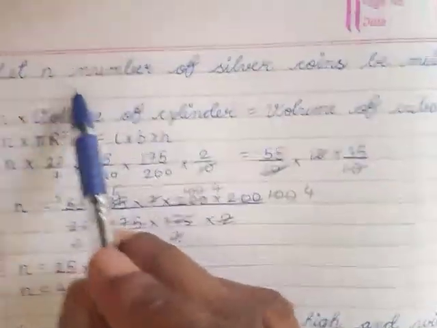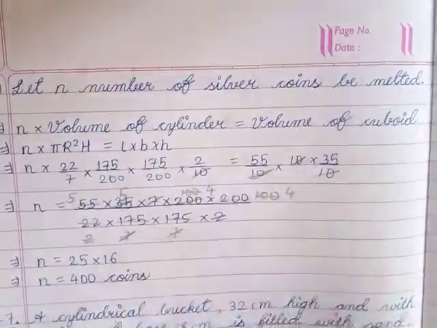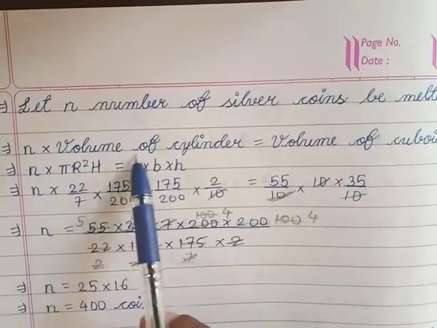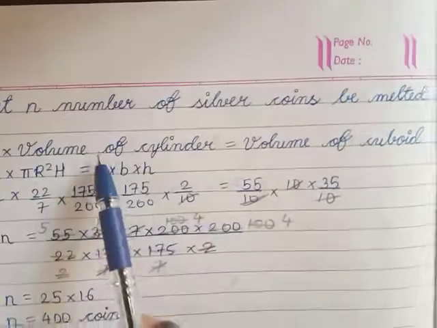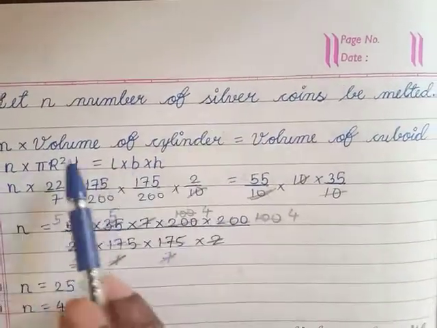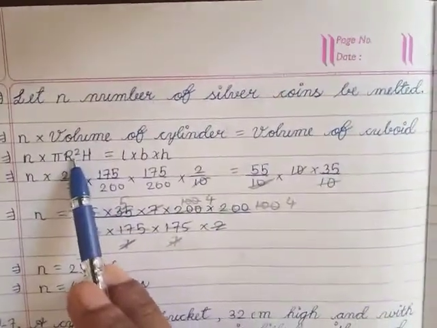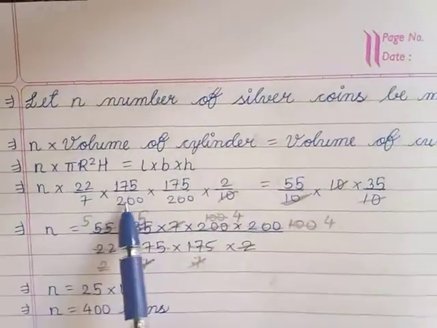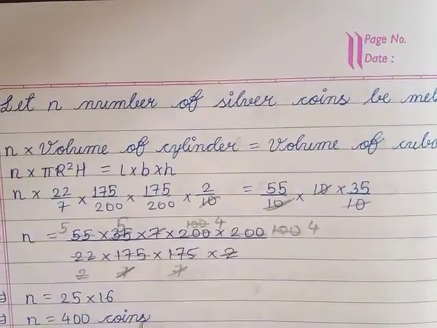Because the silver coin is in cylindrical shape, n into pi r square h is equal to L into B into h. So you can get the value of n as 400 coins.